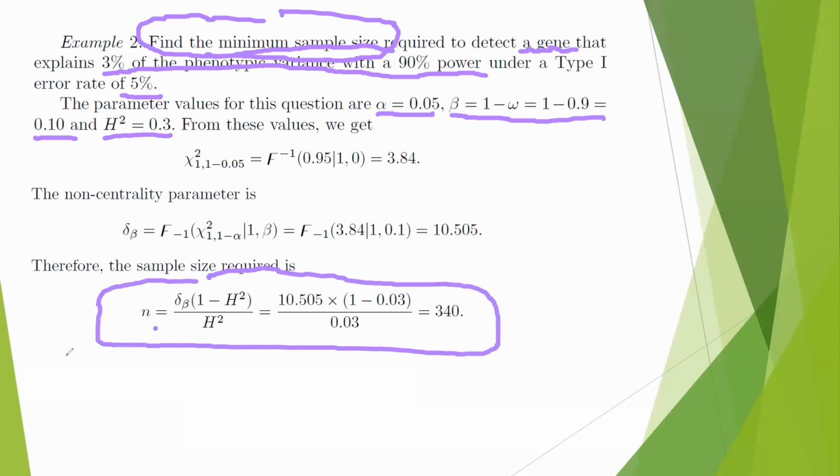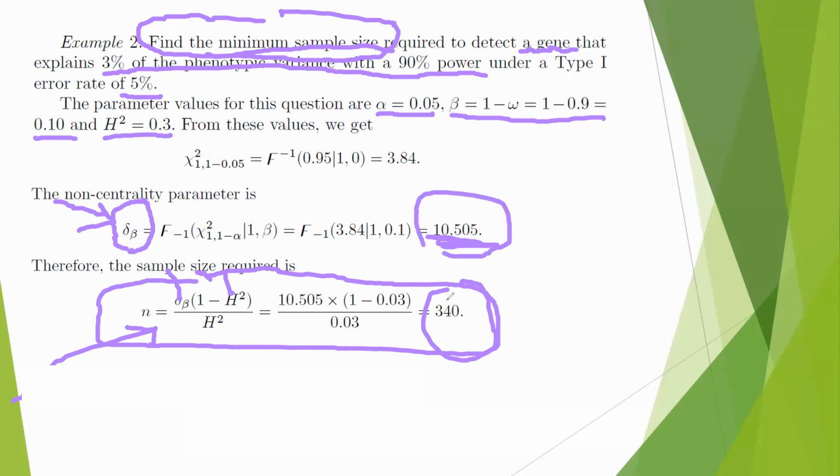In the final, if I ask you a question like this, I'm going to give you this formula, but you need to know how to plug in those numbers to calculate this required sample size. And this value is actually what I just showed you in R coding, how we can use the normal distribution to help us calculate this non-centrality parameter, which is about 10.5. Okay, I think I'm done with this chapter.